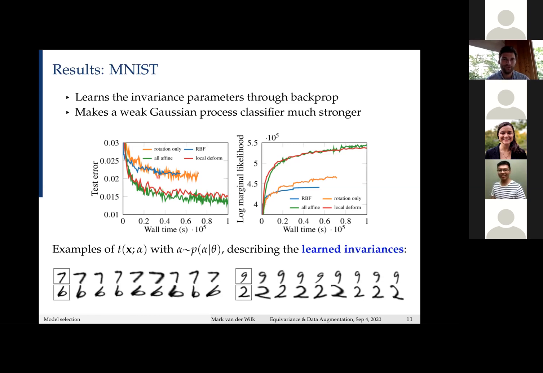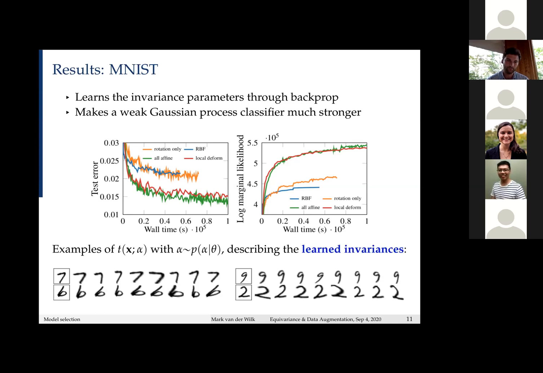Here we see different types of data augmentation that we applied. We learned how much local deformations to apply. That's this red line. We also learned how much affine transformations to apply, which did slightly better, which is this green line. And we automatically learned which of the transformations and how much of them to apply using this gradient-based optimization scheme.